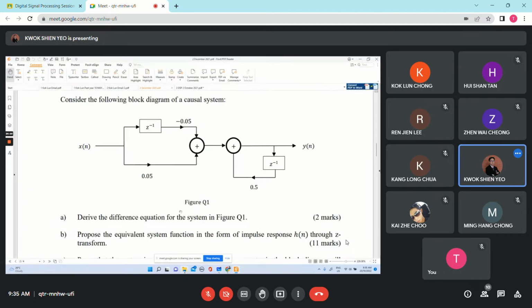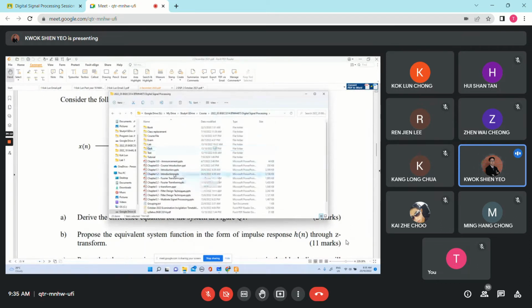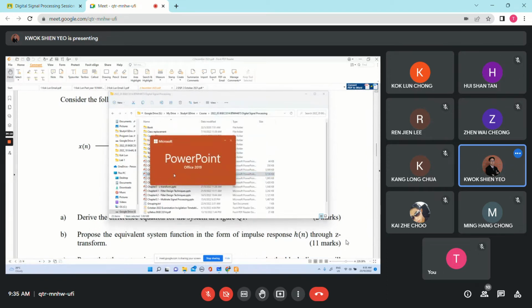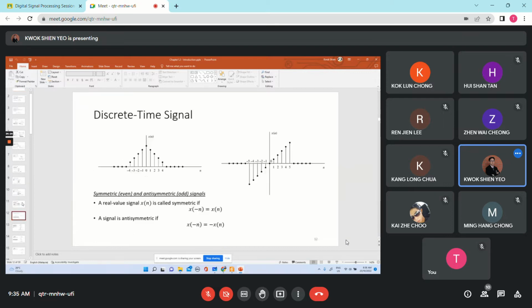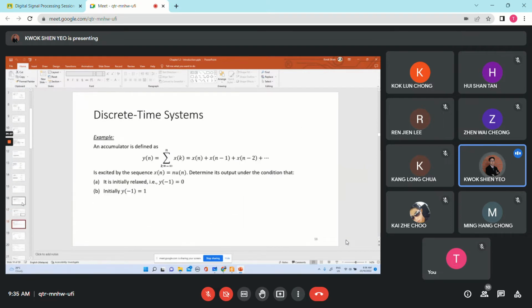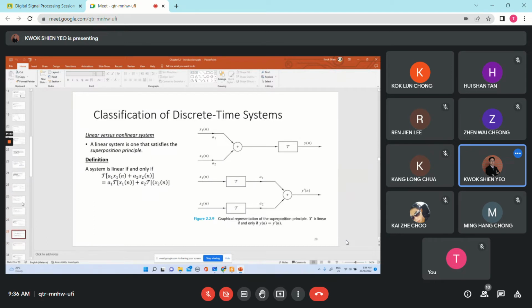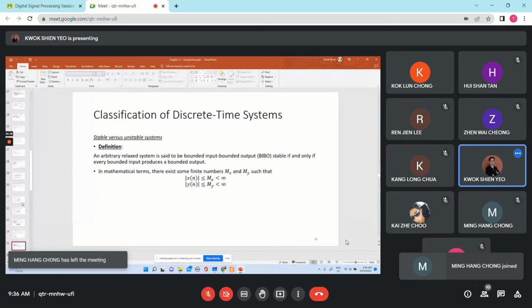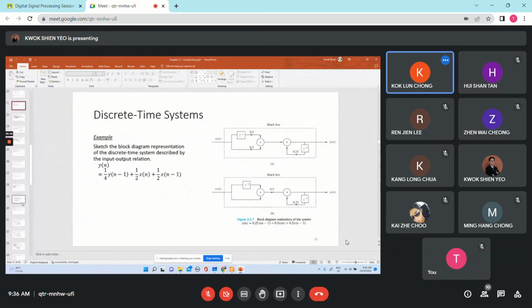First, this question is chapter 1.2, difference equation. Look at these slides. Are they the same?